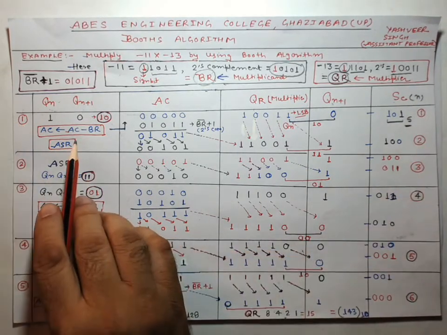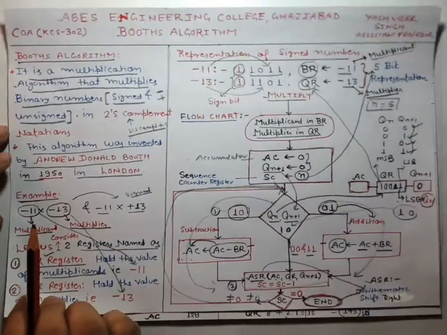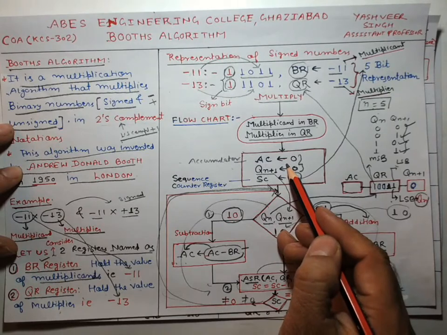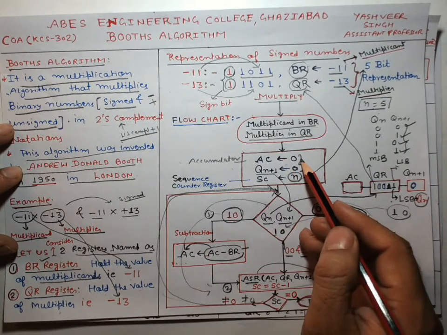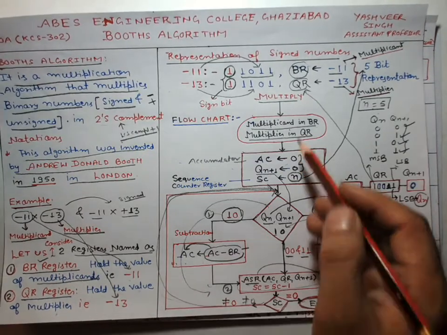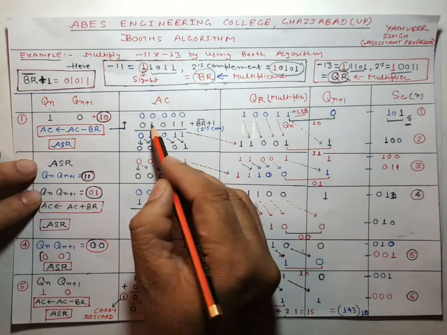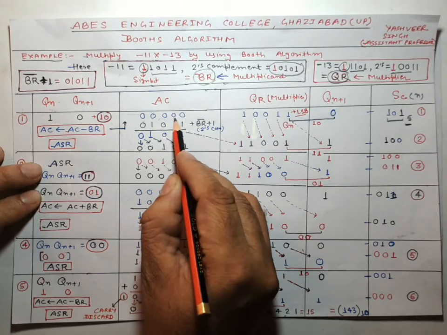The accumulator is first initialized by 0, and it is represented in 5 bits because QR and BR are also in 5 bits, so the accumulator is initialized as 00000.